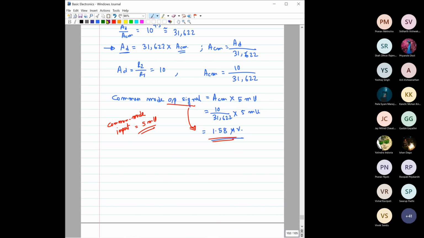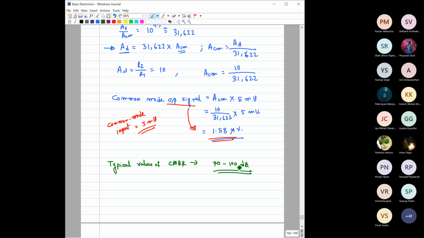Okay, here one more thing. Typical values of this CMRR are in the range of 70 to 100 dB, right?